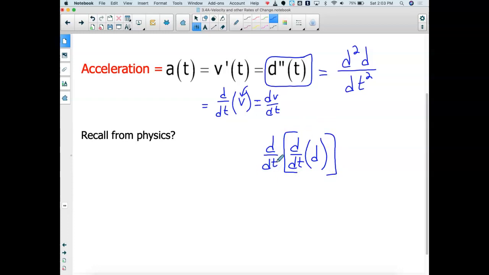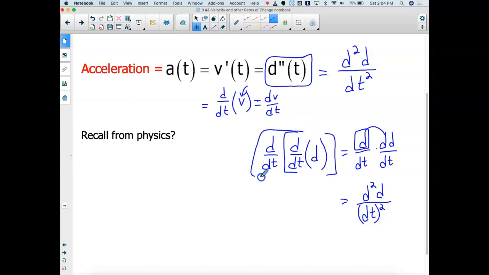So as I come across here, this is going to give me d dt times dd dt. And remember, this stands for derivative. So I'm kind of thinking d squared derivative d time squared, and there's really a little parenthesis around that. So I look at the second derivative as sliding these two across, thinking of a d squared dt squared of d, and that's why I go d squared d dt squared.